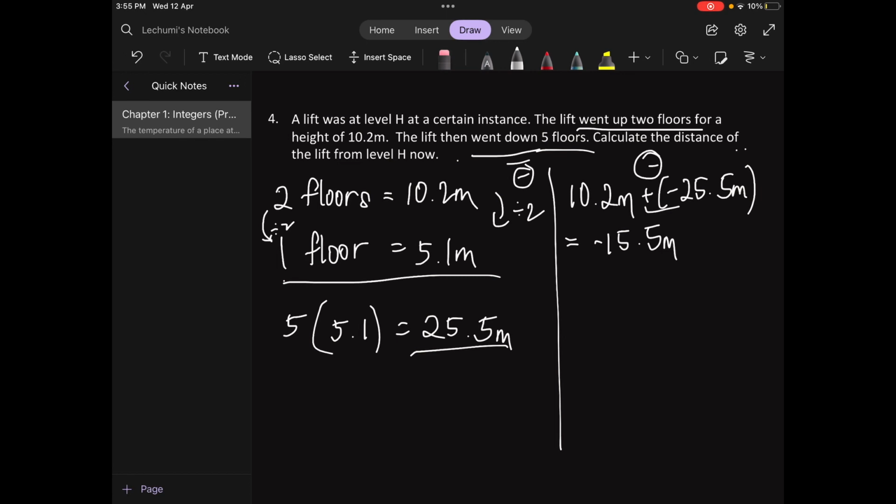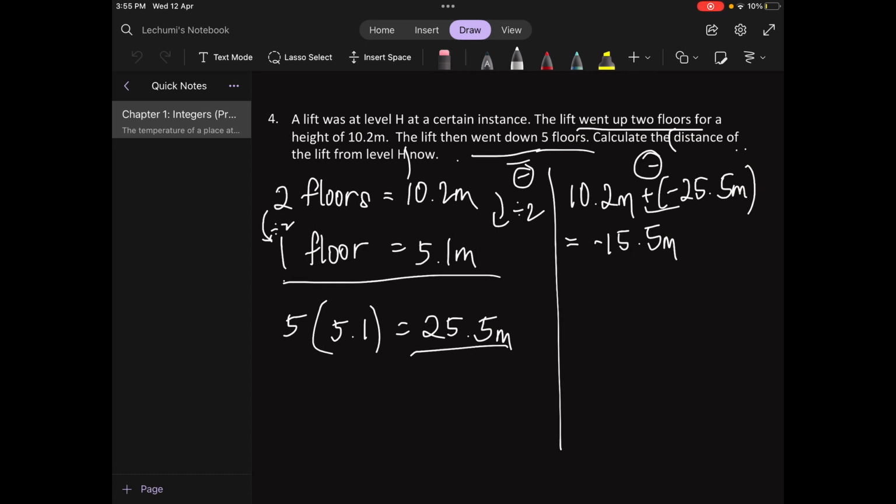But is the question over? Is this the answer? Now this is where you have to be very, very careful. This is the position of the lift. It is 15.5 meters downwards from level H. But the question is not asking for the position. Rather, they are asking for the distance of the lift from level H. When it comes to distance, we will not have any signs in front.